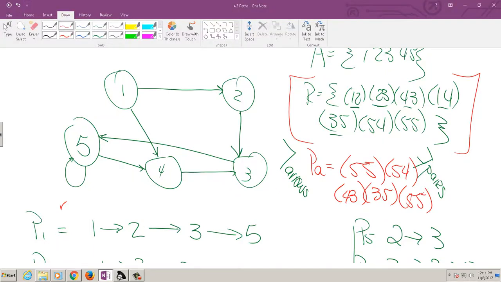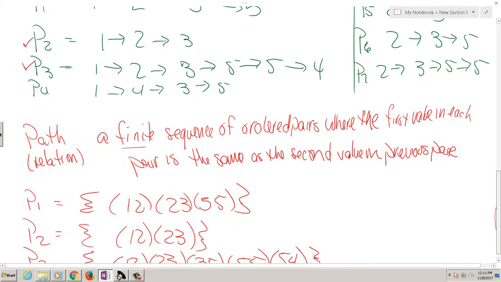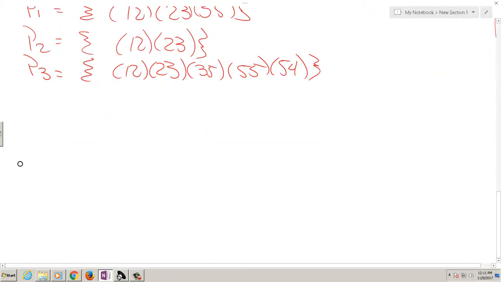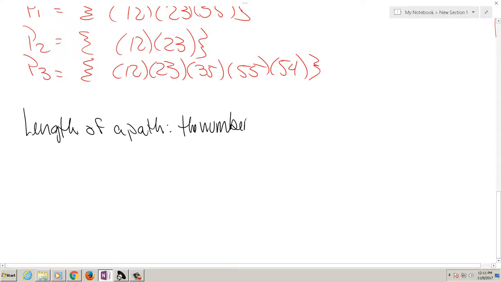So the next thing that I want to know about a path is that every path has a length. And the length of the path is defined as the number of arrows in the sequence.